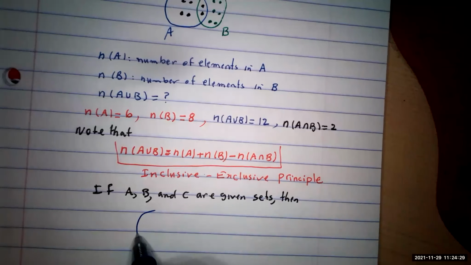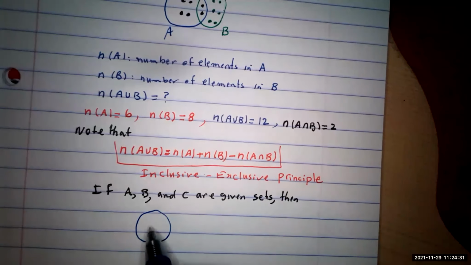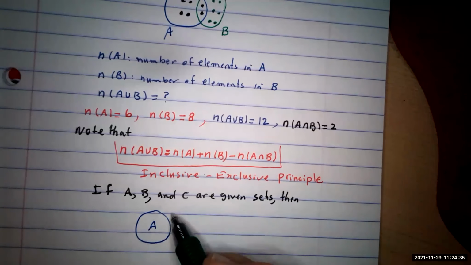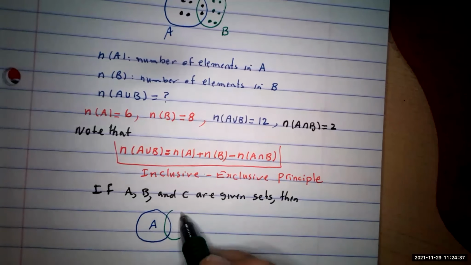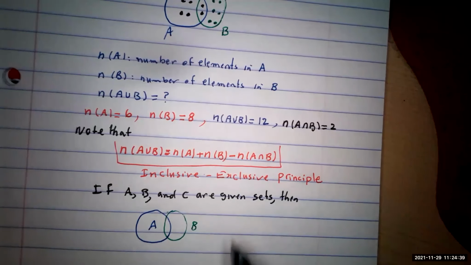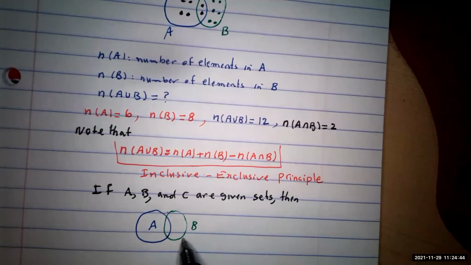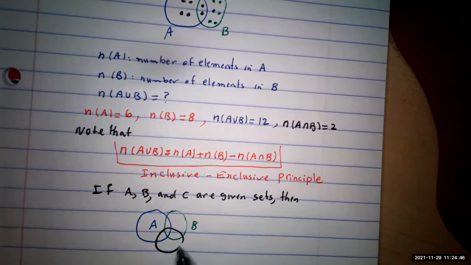This is the set A, this is the set B, and you have another set, this is the set C.